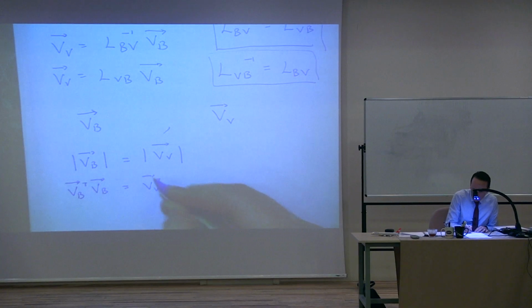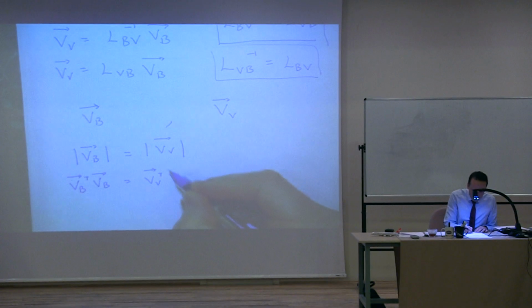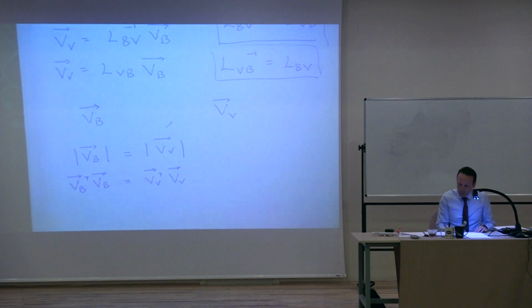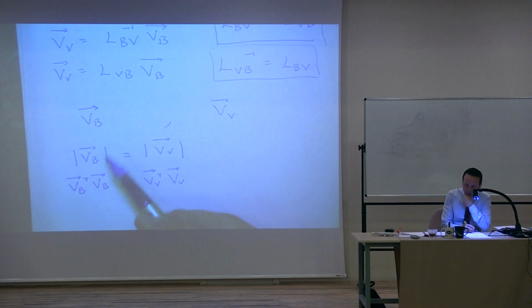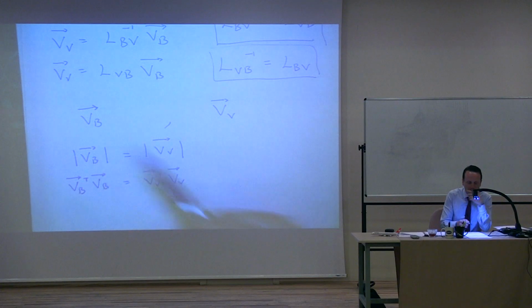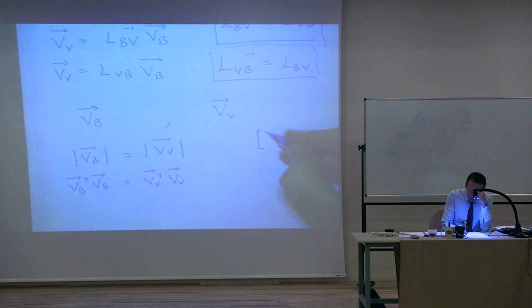V transpose times V. Okay? So you're taking the transpose of that vector. You write it as a row vector, so it will be like this. Let's say it will be like this, x, y.